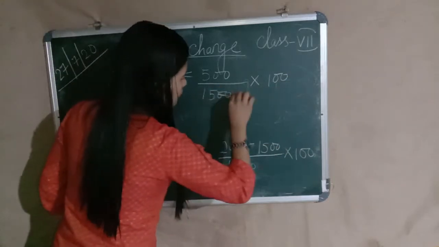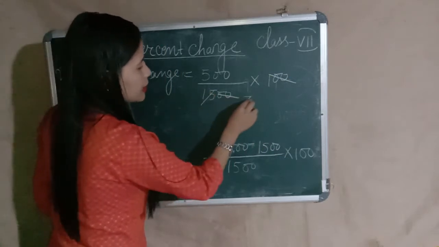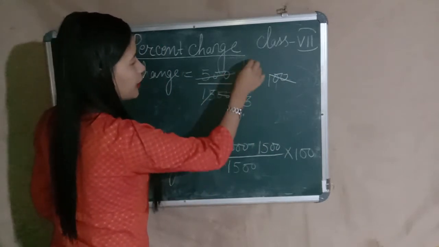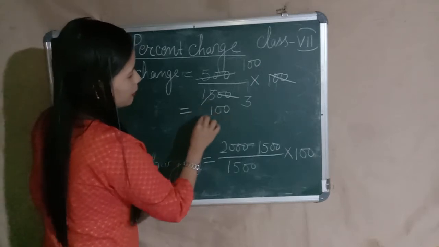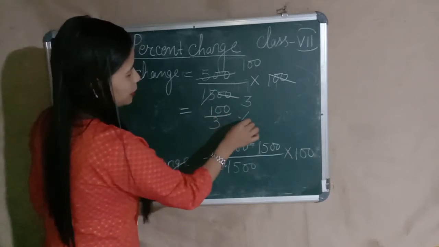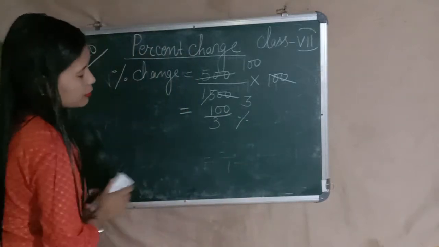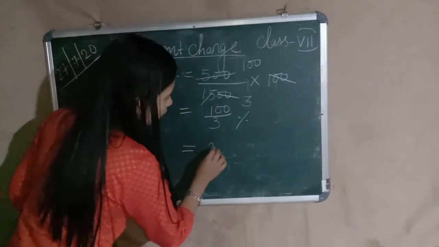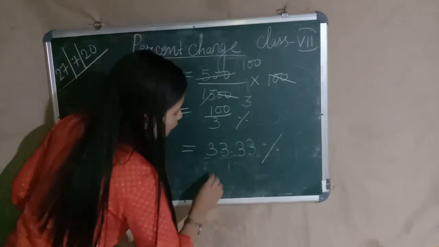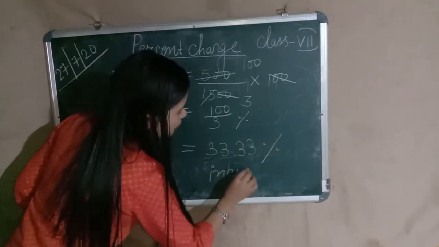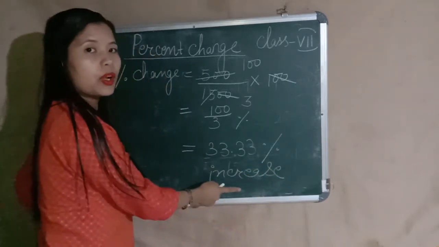Let us cancel the zeros. 5 threes are 15, 5 ones are 5, so that equals 100 by 3%. If we convert this fraction to decimal, it will be 33.33%. So there is a 33.3% increase in the number of students.